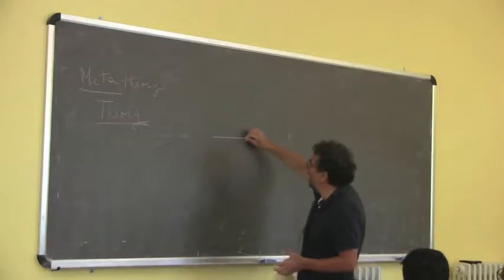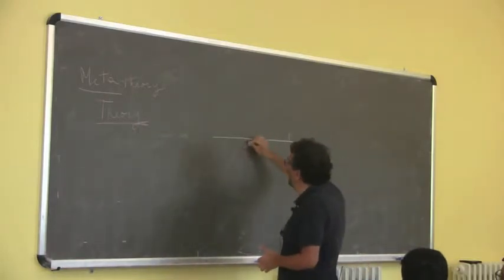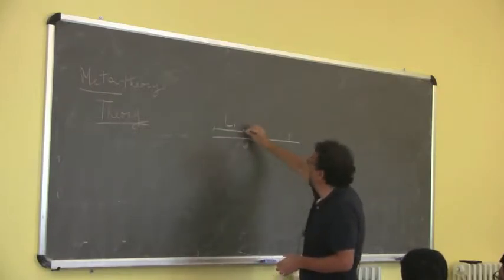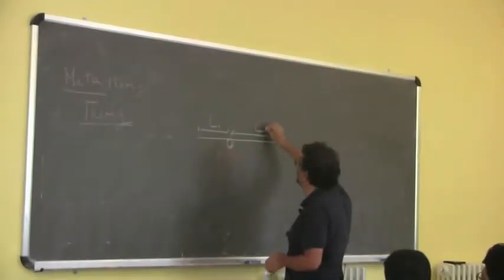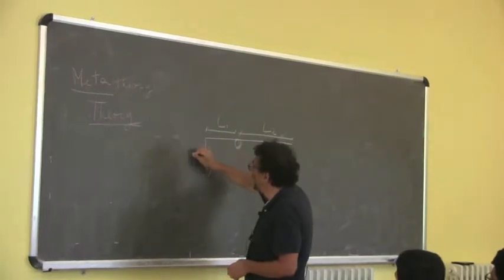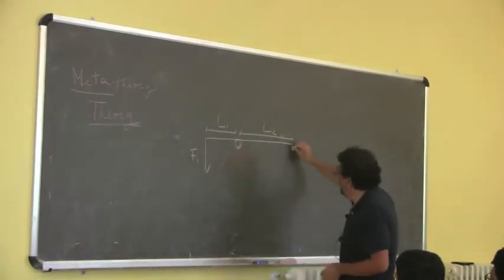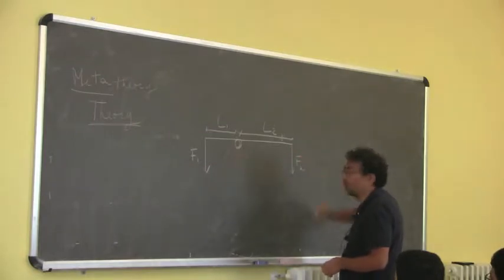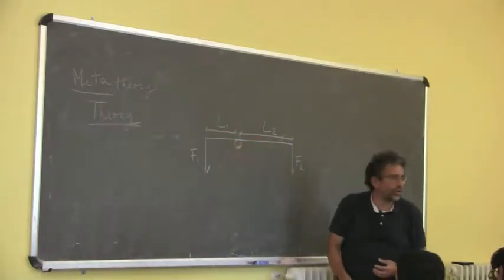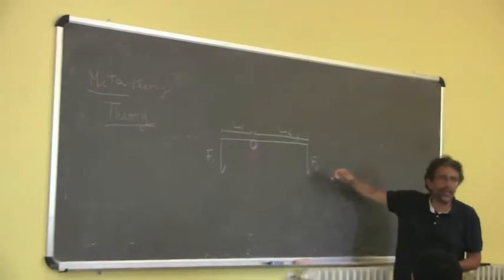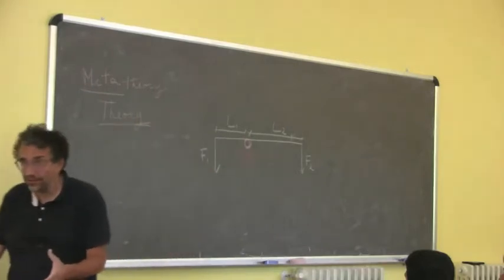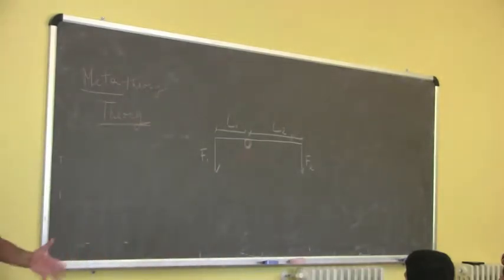You have a rigid bar, here you have a pivot, this is length L1, and this is length L2. Then I apply F1 here and F2 here. I assume that here I have a weight, which I call F1, and here F2, which is another weight. And I ask myself when this system is in equilibrium.